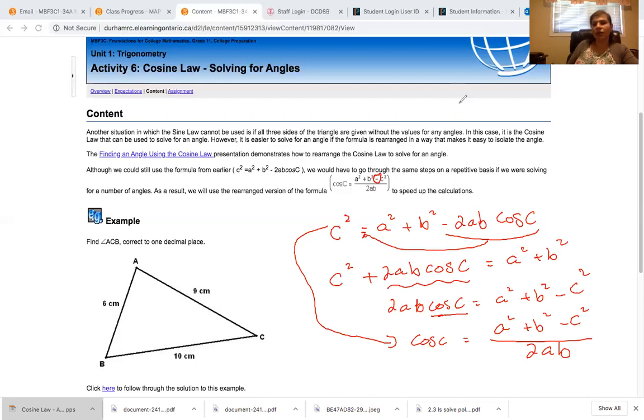So let's say I'm looking for cosine x, and I know x, y, and z. It's going to be y squared plus z squared minus x squared, because that's my corresponding side to that angle, divided by 2yz. So you see that the only corresponding side is being subtracted.